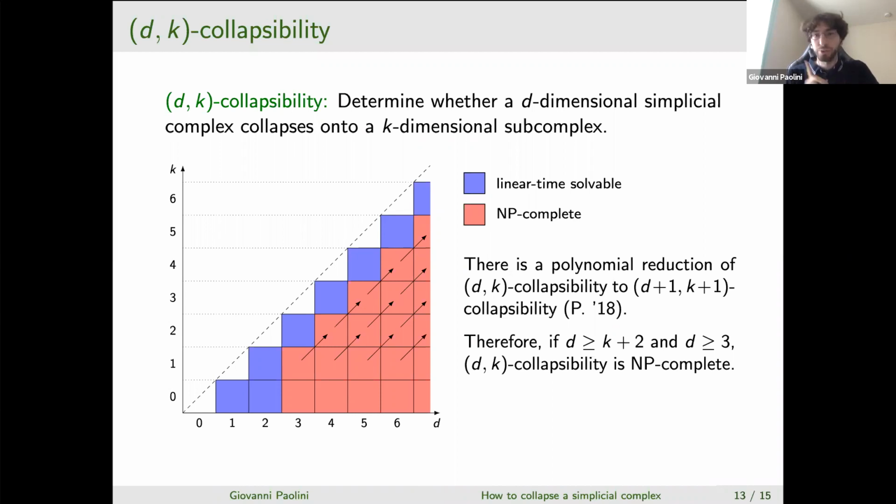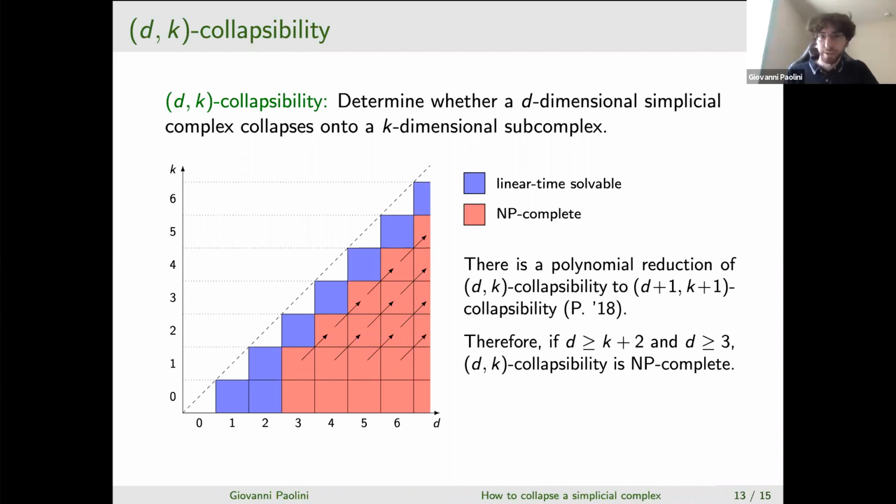This reduction allows you to go in the top right direction instead of just to the right, and this settles the problem in all cases where it was not known before. So it is NP-complete in all non-trivial cases, basically.